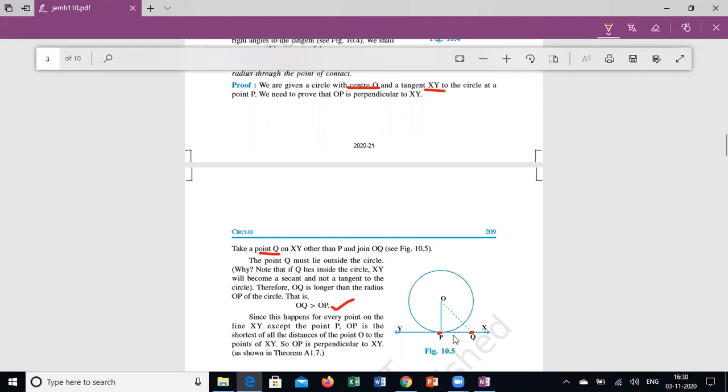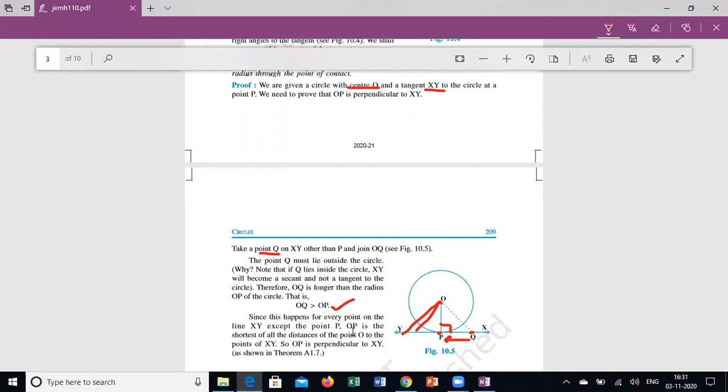So when will it be possible? When Q approaches P, according to trigonometry also we can say this is possible when both are at right angles. At any other point you take, the distance is greater than the radius. If Q lies inside the circle, XY becomes a secant.